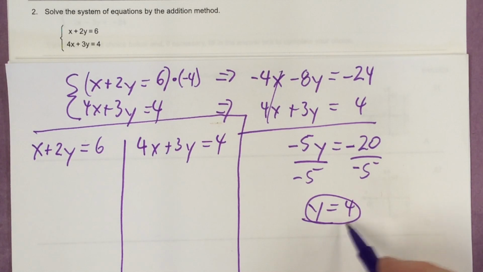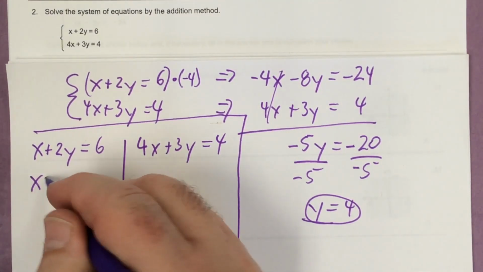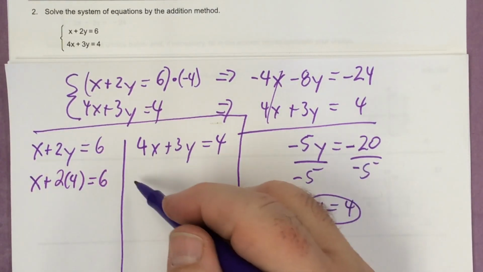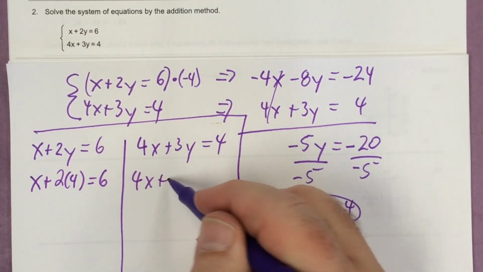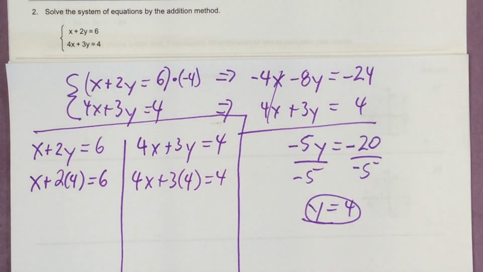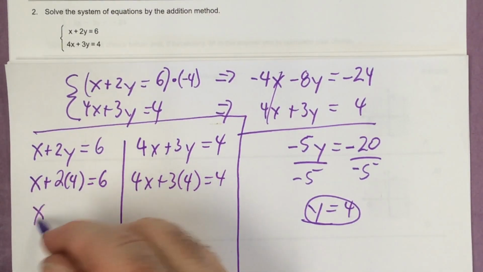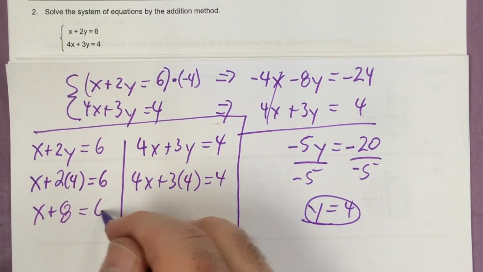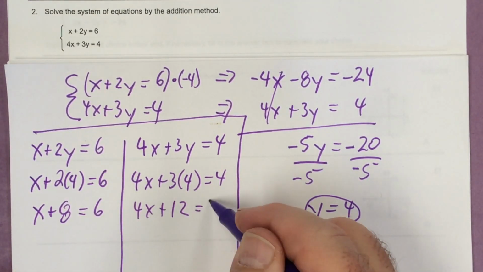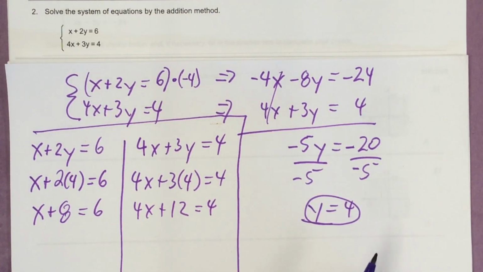So I'm going to put 4 in place of y in both of these. So there'll be x plus 2 times 4 equals 6. Then we have 4 times x plus 3 times 4 equals 4. That gives me x plus 8 is equal to 6, and 4x plus 12 is equal to 4.